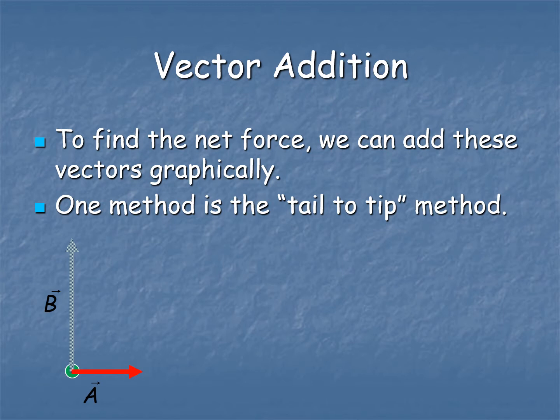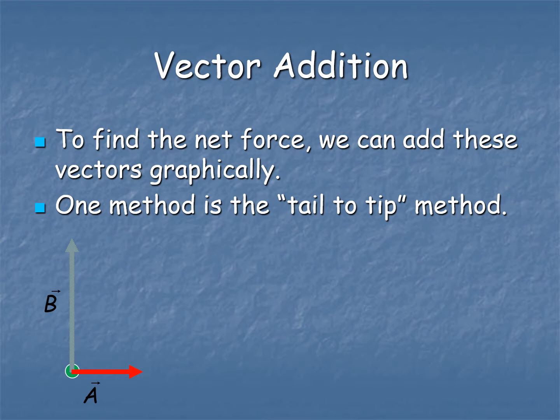Now, to find the net force or resultant, we are going to use the parallelogram method in this video, but just a quick reminder, the other graphical method that we learned was the tail to tip method. In the tail to tip method, we'll pick one of the vectors and move it over so that its tail is touching the arrowhead tip of the other.